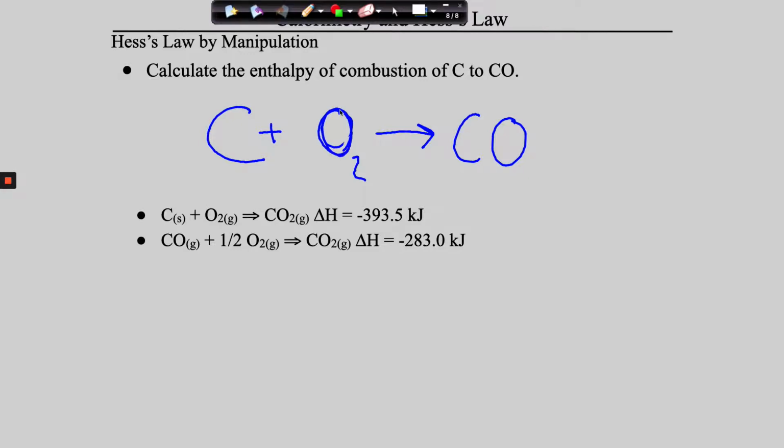All right, so guys, this is now where things get weird. Notice the way that this is phrased. Calculate the enthalpy of one carbon becoming one carbon monoxide. But obviously, guys, we don't deal in ones, we deal in moles.